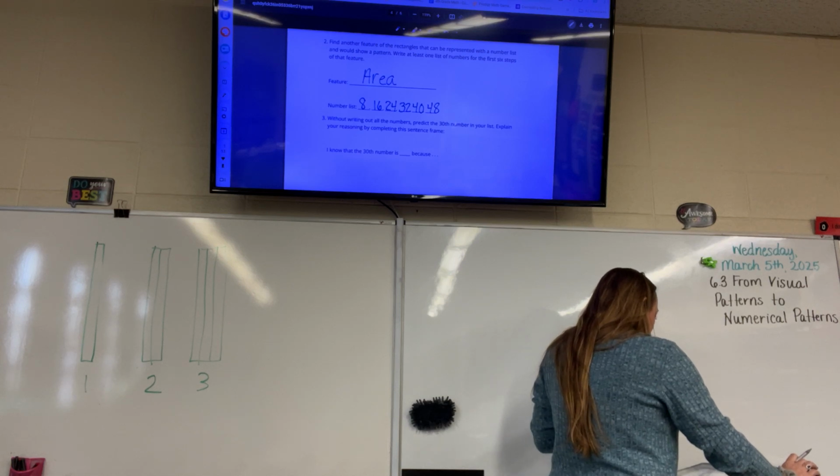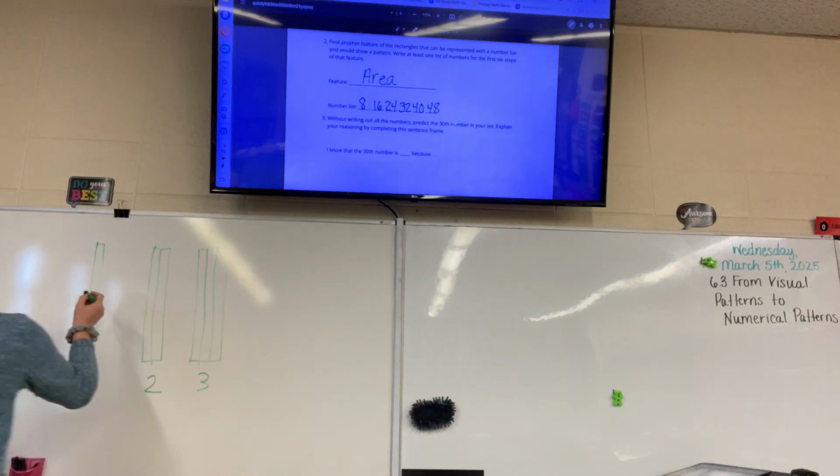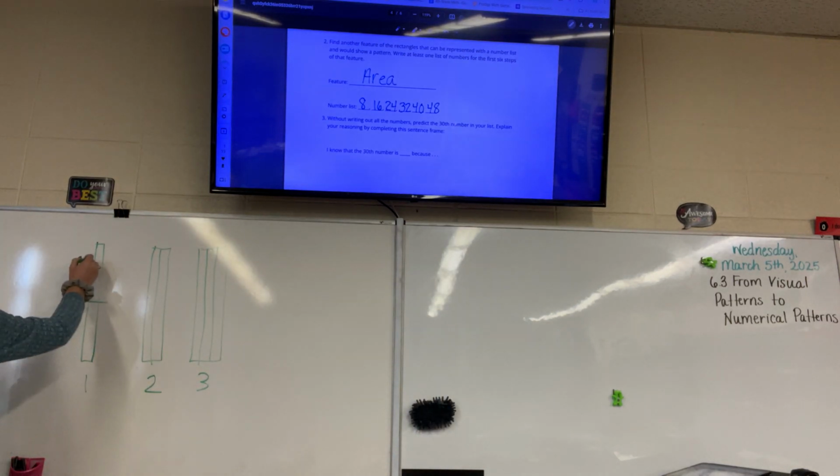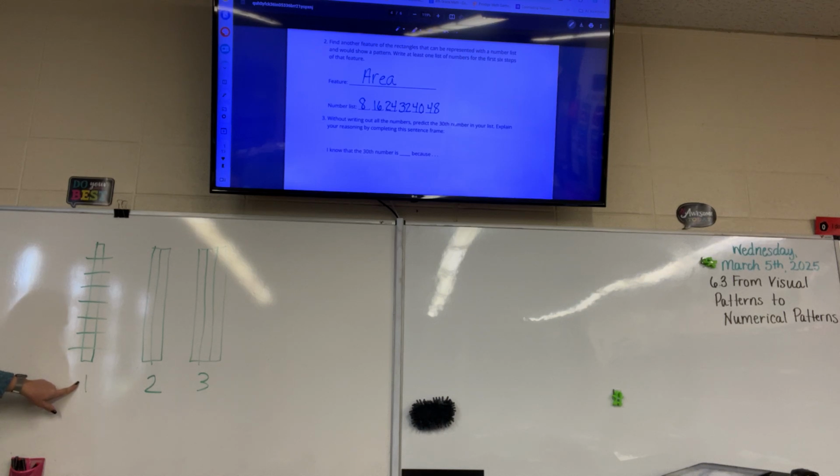Explain your reasoning by completing this sentence. Okay. So the one we're doing, 1, 2, 3, 4, 5, 6, 7, 8, right? And step 1, if we multiply the step number times the number of boxes in the first one, 1 times 8 would be 8.